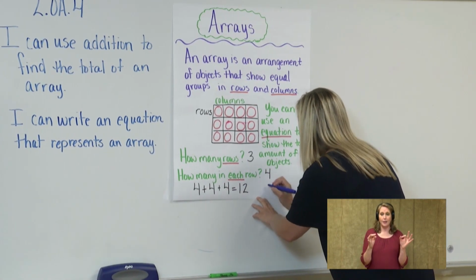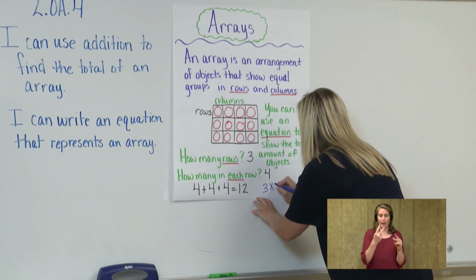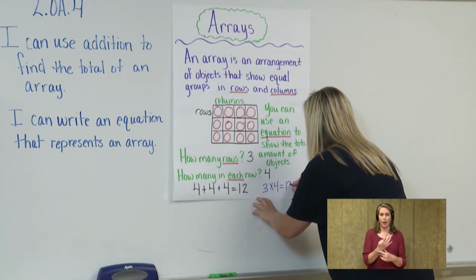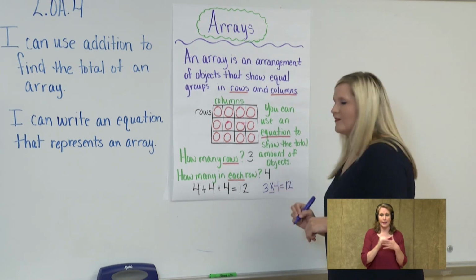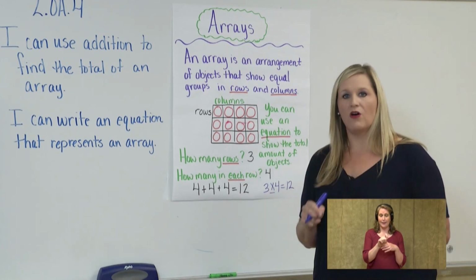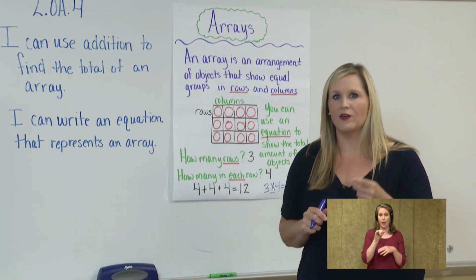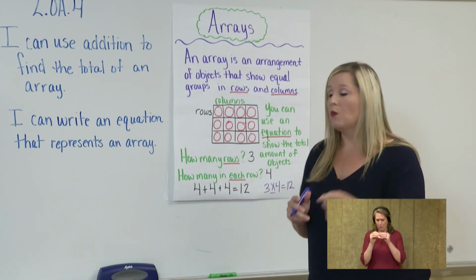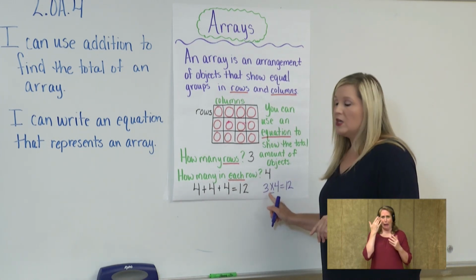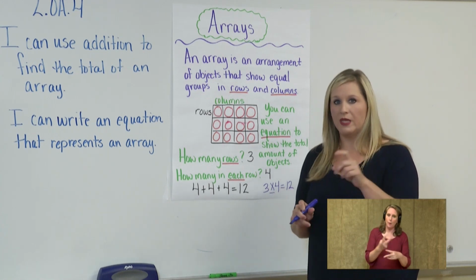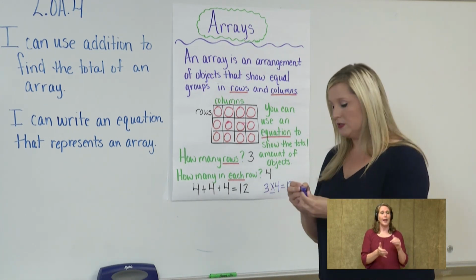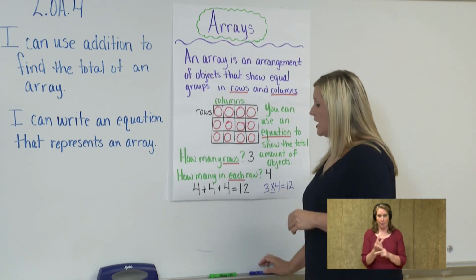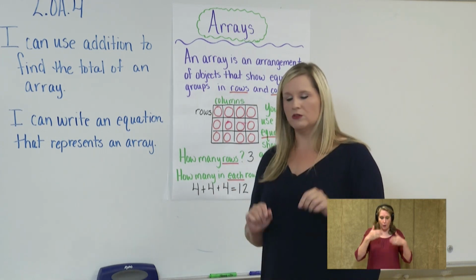We could say 3 times 4. You might have seen that X, that little times sign, on your iReady test. I had a second grader say, I saw an X on my iReady test and I didn't know what it meant. Well, that is multiplying. So arrays can help us with repeated addition and also with multiplication. Today we are going to talk about both of those just a little bit.